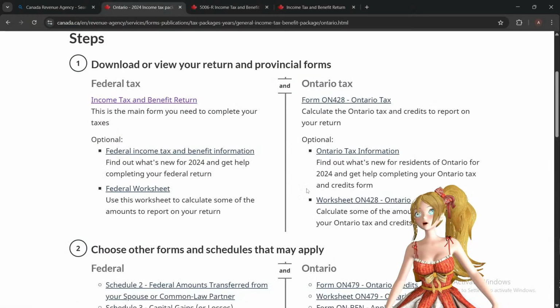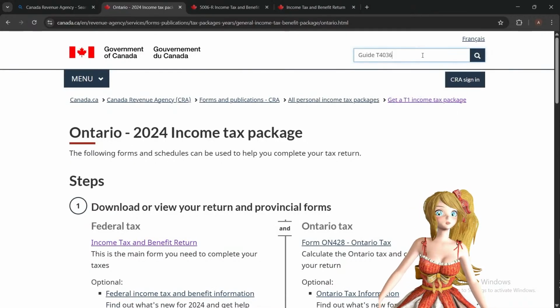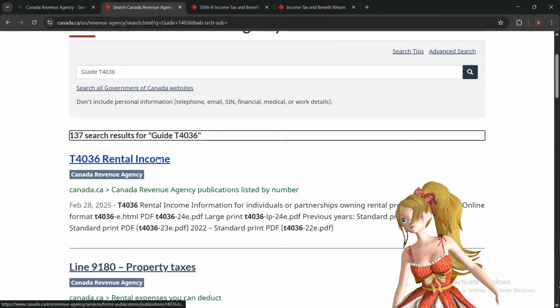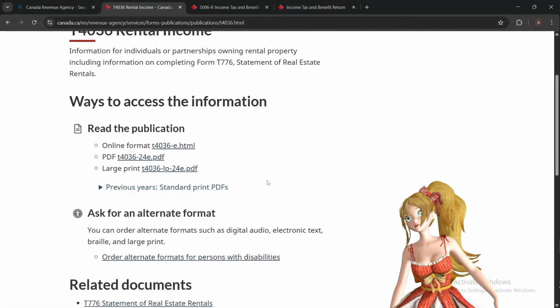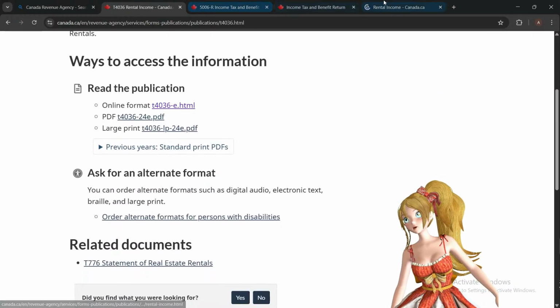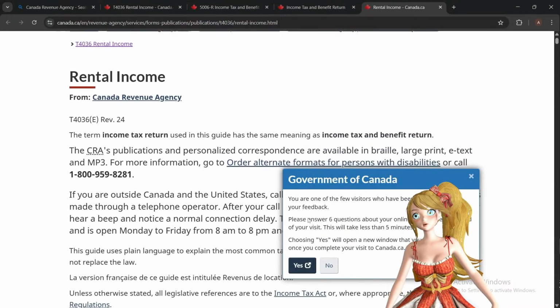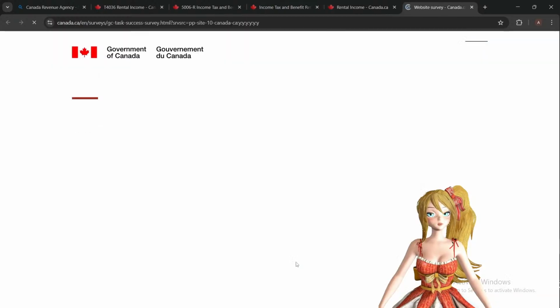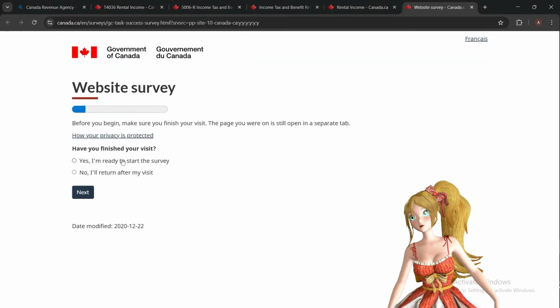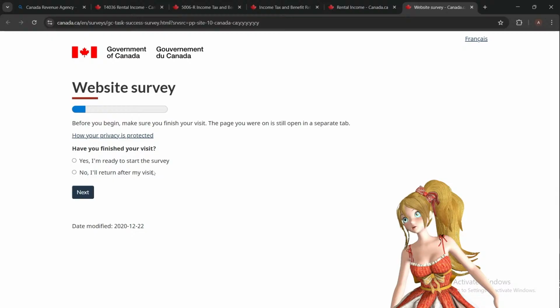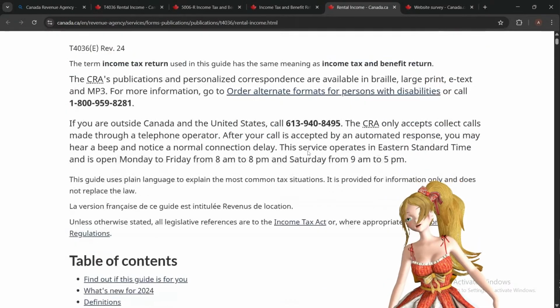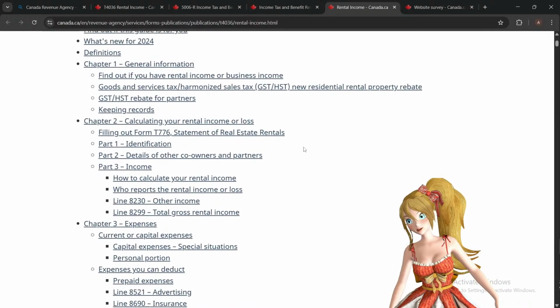So let's look up this guide that they're asking us to see. So guide T4036, rental income. And there's a PDF. Oh, select feedback, sure. It's okay, I'll give feedback after.